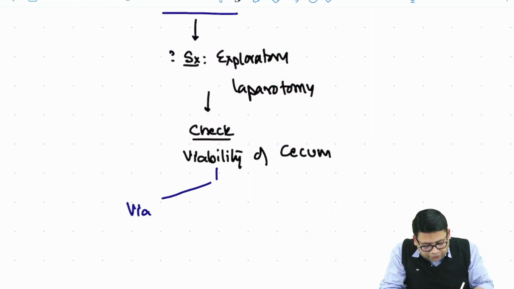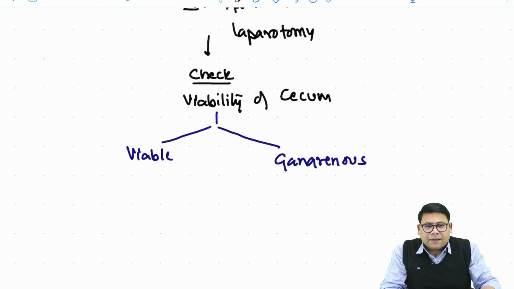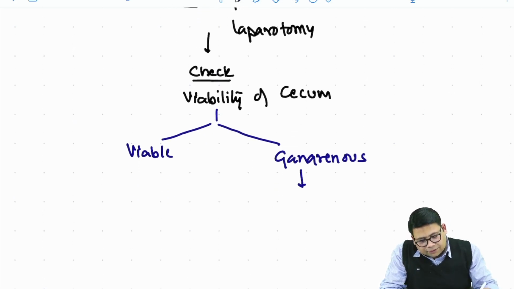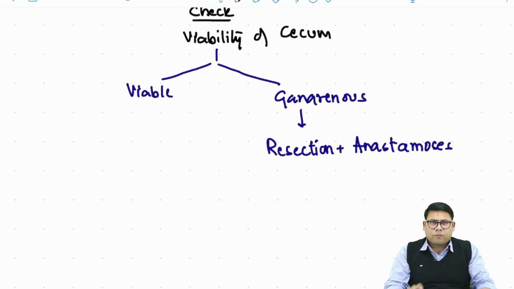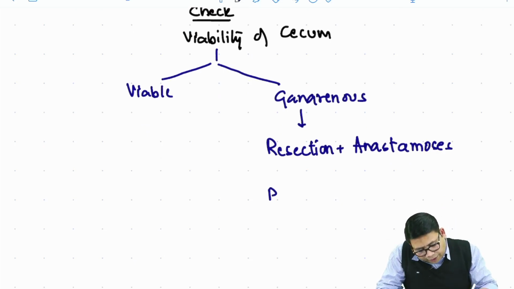So the next is, cecum is viable versus the cecum is gangrenous. If it is gangrenous or necrotizing, the next thing that you need to understand is you have to go for resection plus anastomosis. We prefer to go for right hemicolectomy.